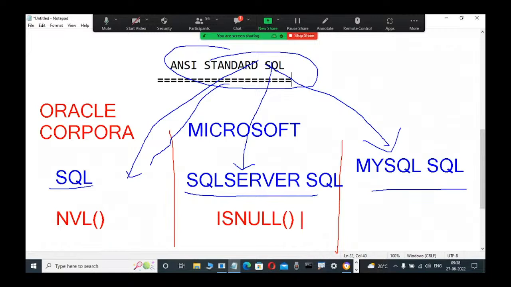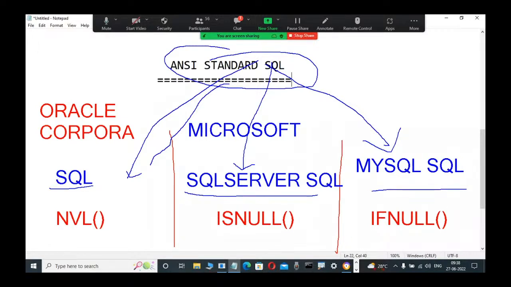Again, if the same function is copied into the MySQL database, that is not working. That's why all these languages are different: conceptually the same, but syntactically and function wise totally different.